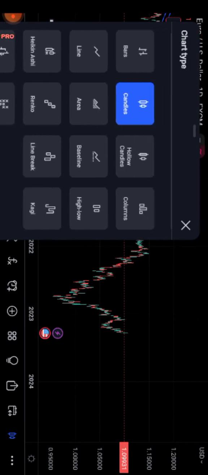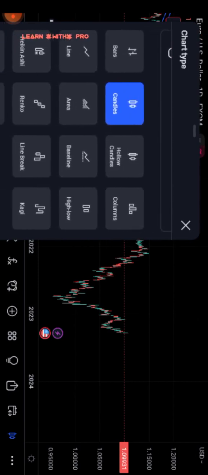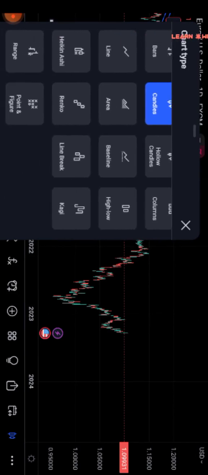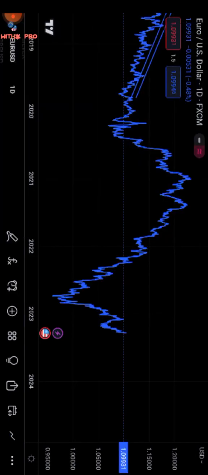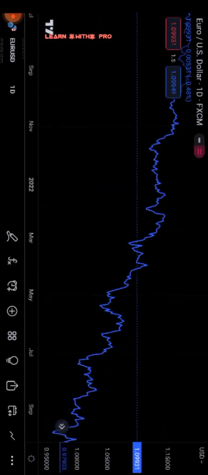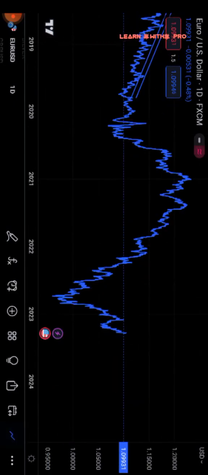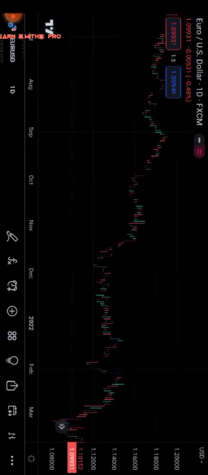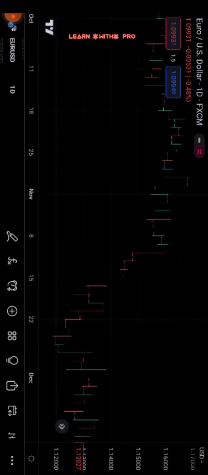These are the types of charts that I was telling you about: bar charts, candlestick charts, columns, lines. See how the line resembles. Now if I change to bar chart, see how the bar chart is different from candlestick.